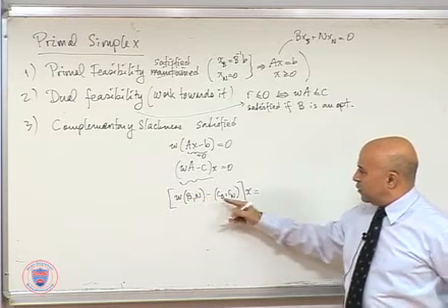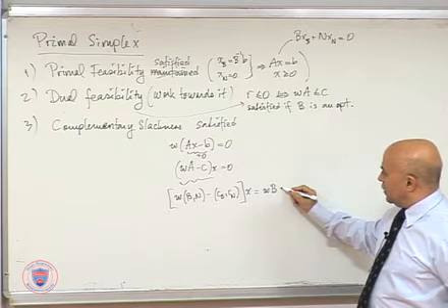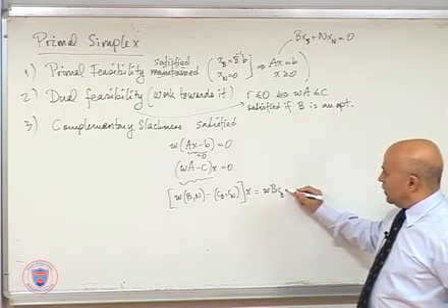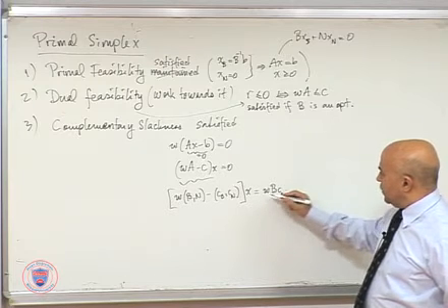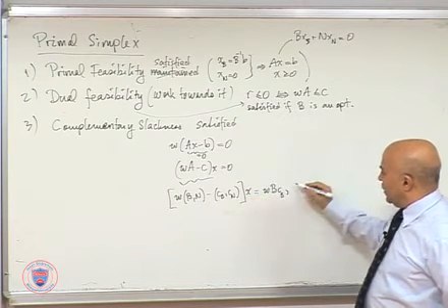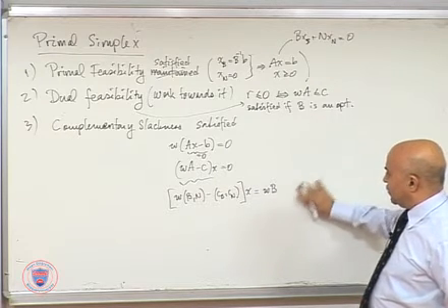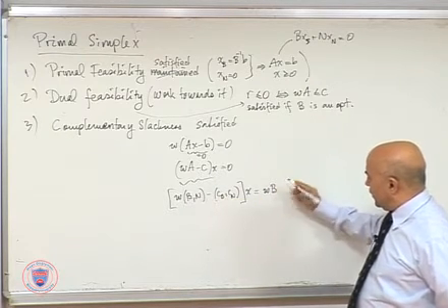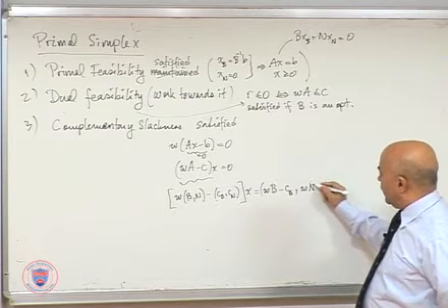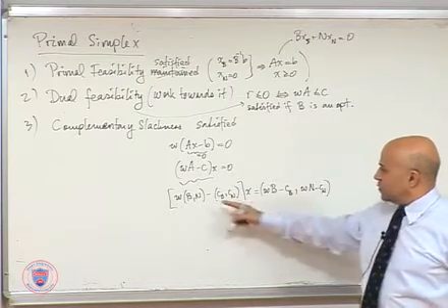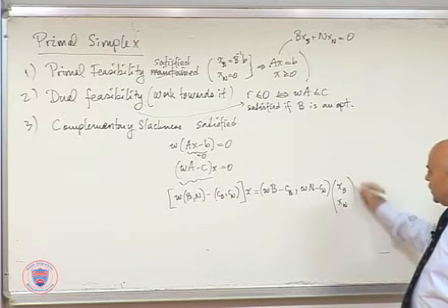We get WB minus CB, and then Wn minus Cn, that's what we get, times x, and x is xb xn.